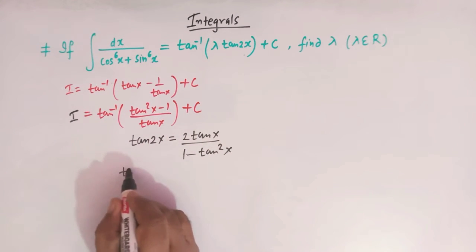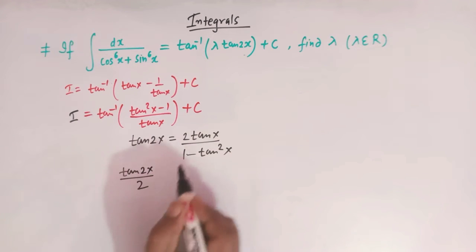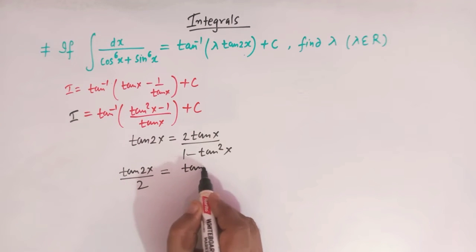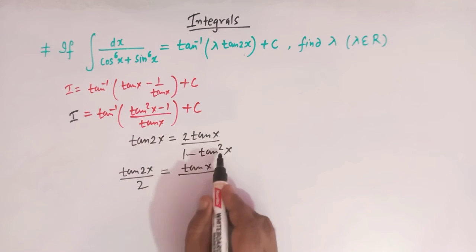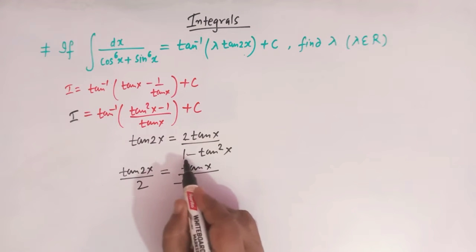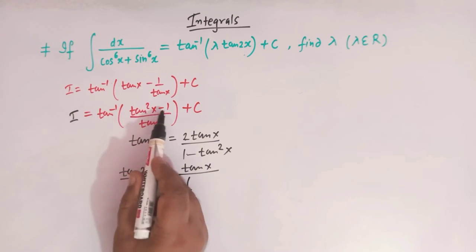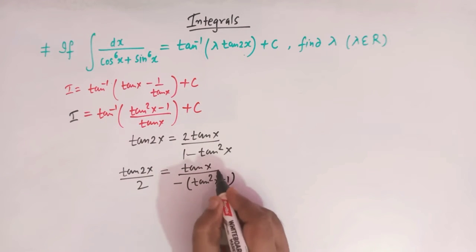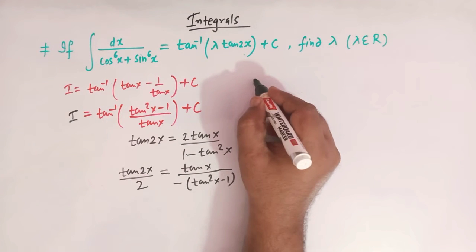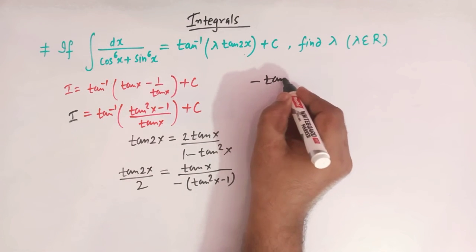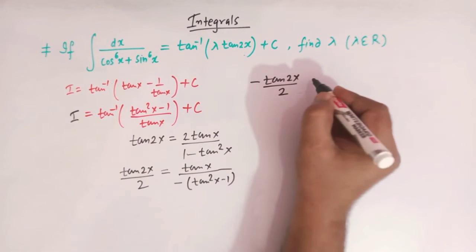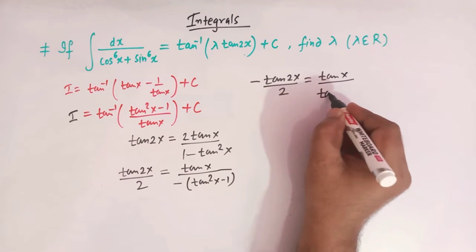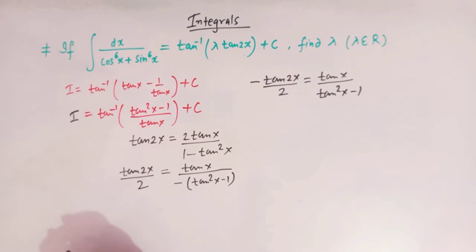So we can now write tan 2x divided by 2, taking this 2 to the denominator of tan 2x. So we have tan x divided by 1 minus tan square x. So here we can take the negative sign outside because here we have tan square x minus 1. So we can write tan square x minus 1, right? So now we have minus of tan 2x divided by 2 is equal to tan x divided by tan square x minus 1, right?